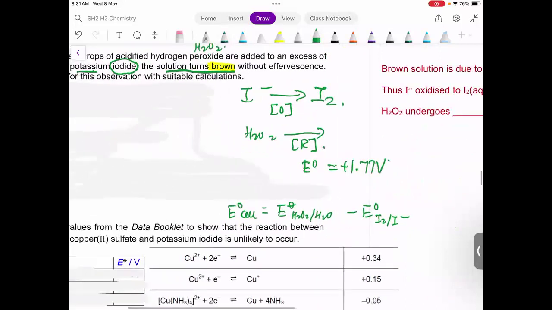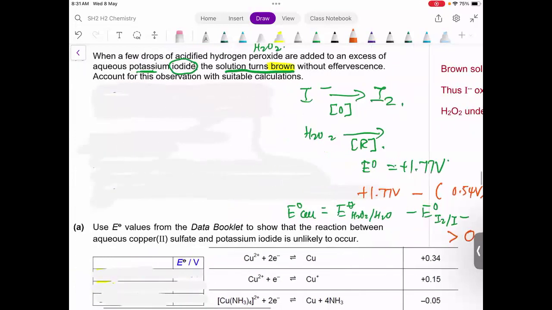So this is a positive 1.77 volt, then minus 0.54. So you end up with a value more than zero. Remember, after you calculate your E naught cell, you have to compare with the value 0. It's more than 0, that means it's a spontaneous reaction.